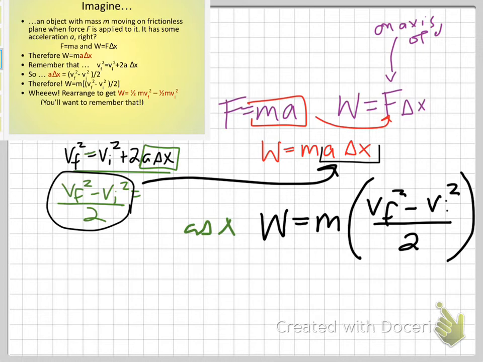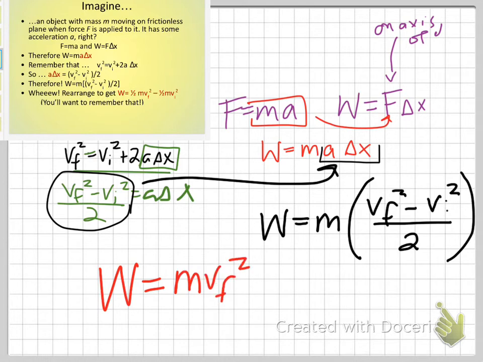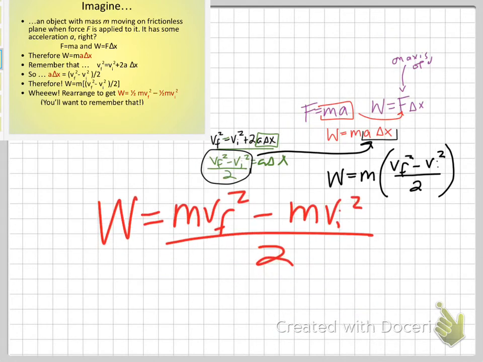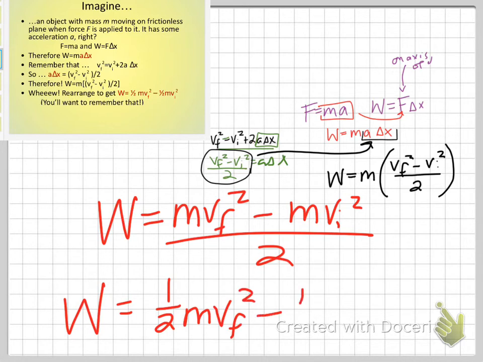So now what we've got is W equals mass Vf squared minus mass Vi squared divided by 2. Well, the work done is equal to 1/2 the mass times final velocity squared minus 1/2 the mass times the initial velocity squared. Does this start to look suspiciously familiar?